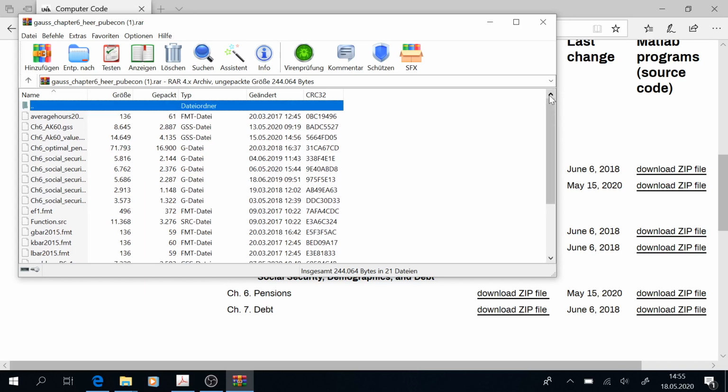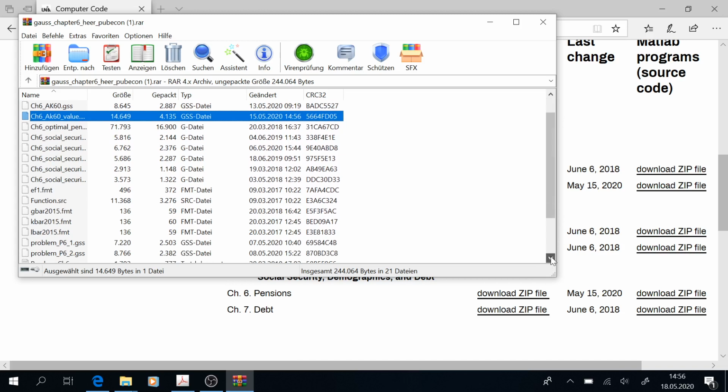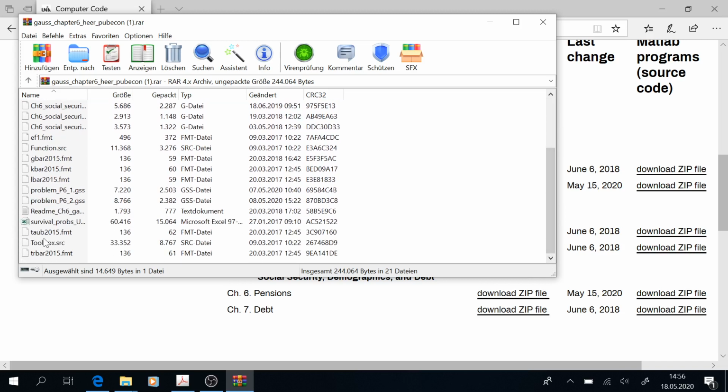Just load them into a directory that you use for this course, and then open chapter 6 akvalue.gss in your GAUSS editor. It will need a couple of other input functions. So for example, we used the nonlinear equation, the optimization routine from toolbox.src. So this should be in the same directory so that your GAUSS computer code can work.